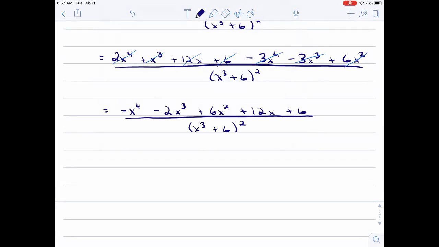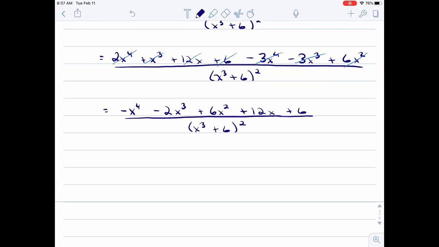Then do we expand the bottom one? I wouldn't. I don't really see any cancellations that could be made. There's none popping out at me, so I would just leave it. So that's what I was saying. Most of the time, just leave it as g squared, right? Because g was x to the 3 plus 6, and so we've got g squared in the denominator.